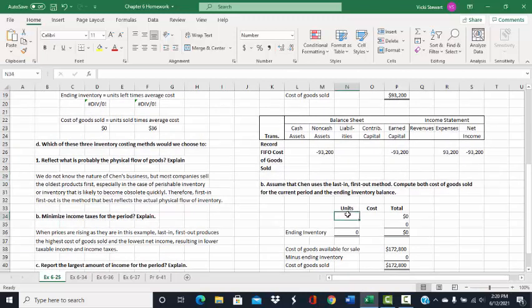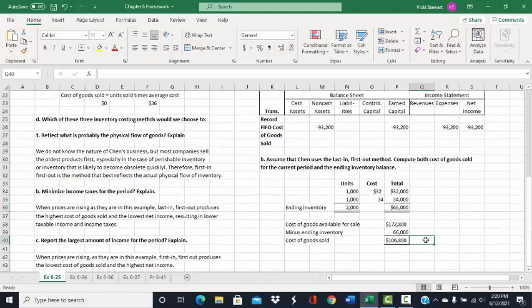So we'll compute our ending inventory under last in, first out. Now our ending inventory is much smaller because it was the older cost, so it's $66,000. When we subtract that from our total goods available for sale, we get our cost of goods sold of $106,800.